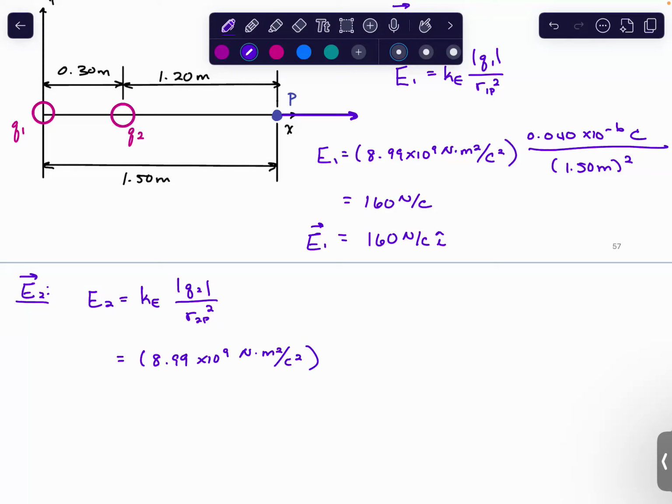And what is Q2? 0.010 times 10 to the negative 6 coulombs over 1.2 meters squared.